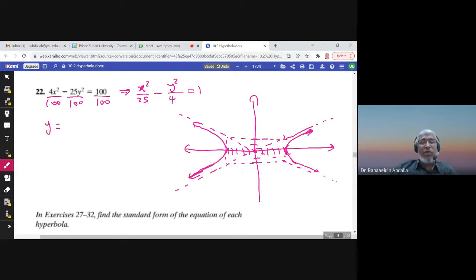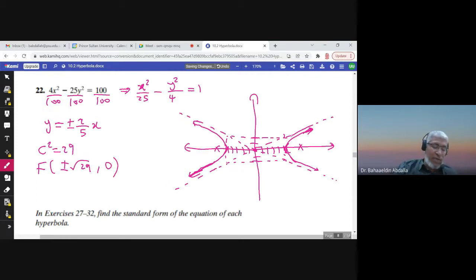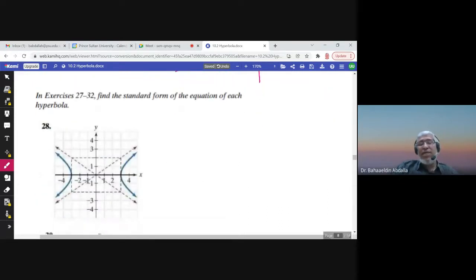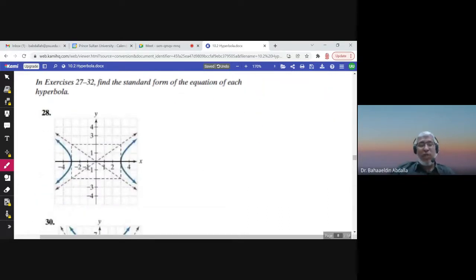The equations of the asymptotes would be plus or minus 2 over 5, square root below y over square root below x. c squared is 29. Where are the foci here? The coordinates of the foci are plus or minus square root of 29 and 0, because the foci lie on the x-axis.